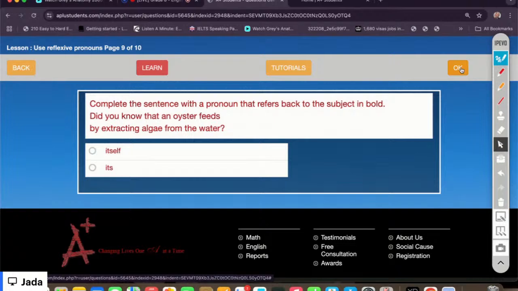So, we have, did you know that oysters feed themselves by extracting algae from the water? What do you think? Feeds itself. So, feed itself.